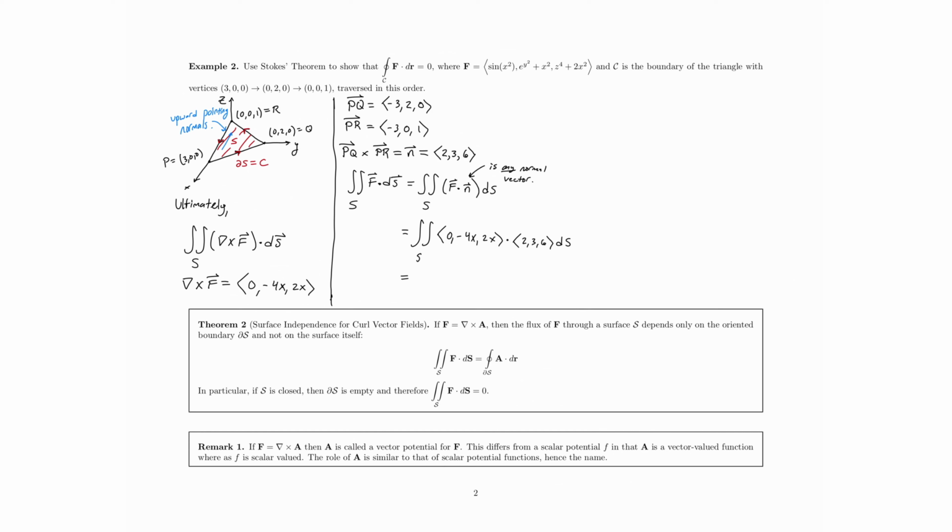And this would give us, essentially, the double integral over S of -12x plus 12x dS, which is 0. So this would save us the time because we wouldn't actually have to parameterize anything. We could have just dotted with this normal vector and saved all that time. Either way you do it, it works out.